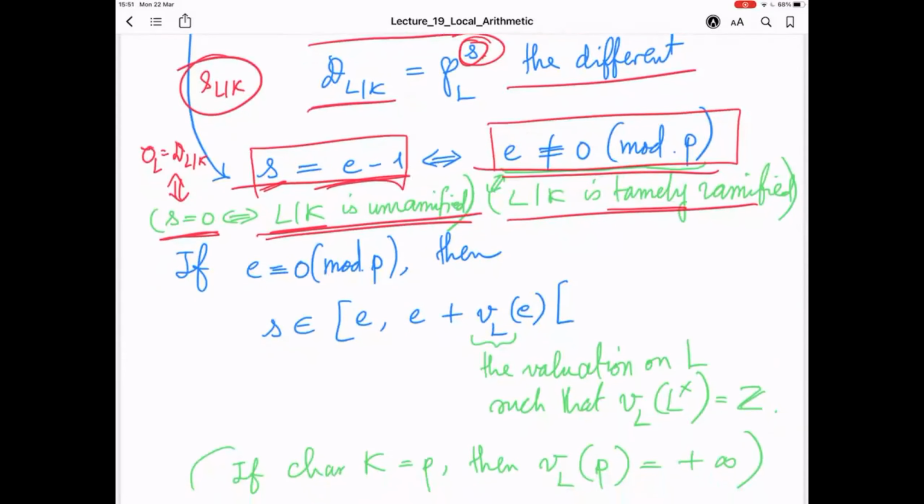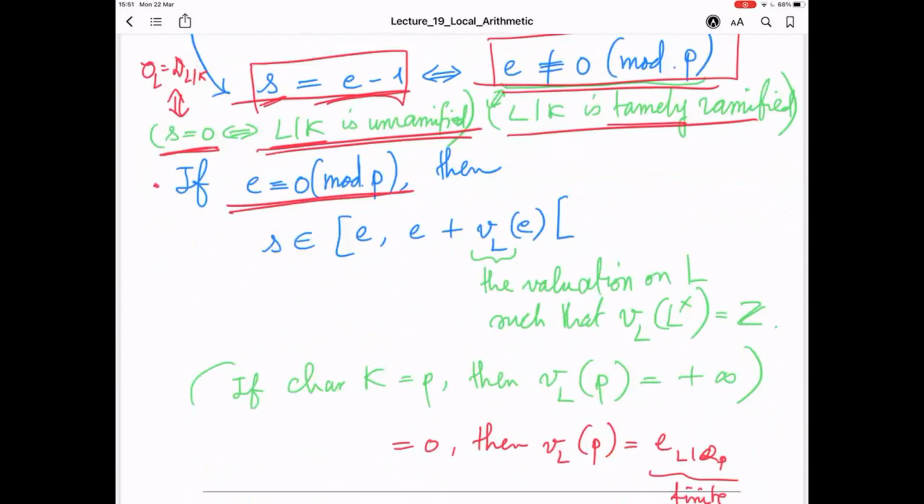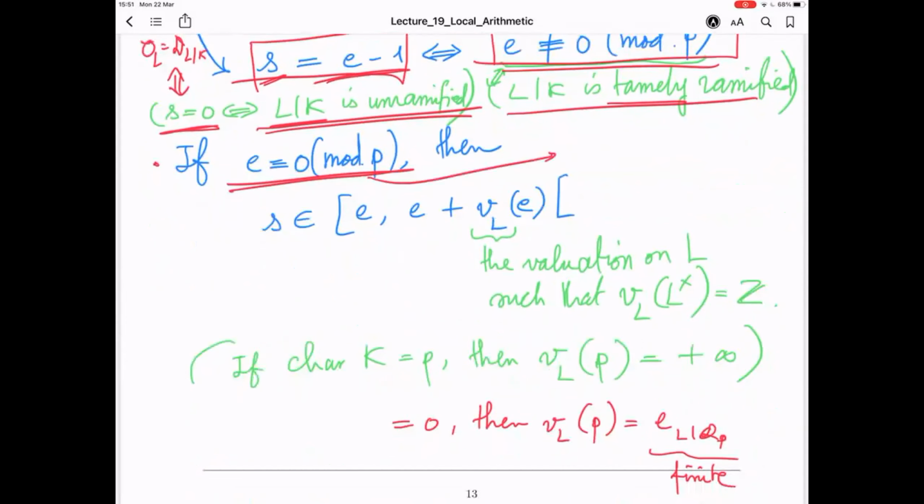And the second part of the theorem says that if this extension is wildly ramified, recall that if E is divisible by P, then we say that L over K is wildly ramified.